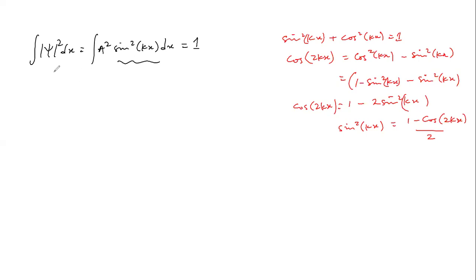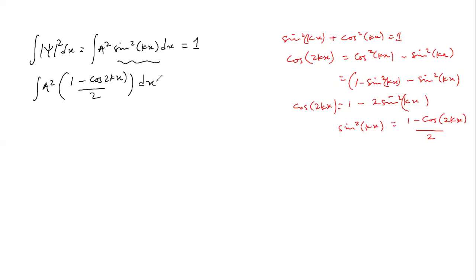So now we integrate A squared times the bracket 1 minus cos 2kx over 2, dx.